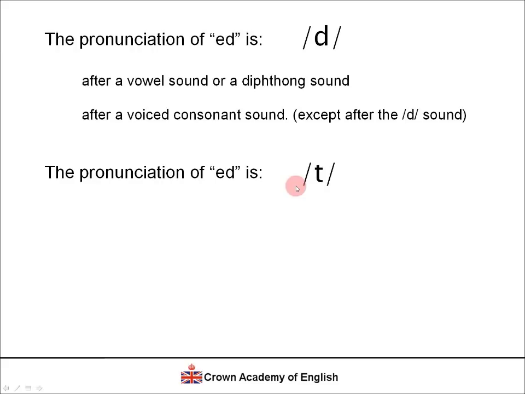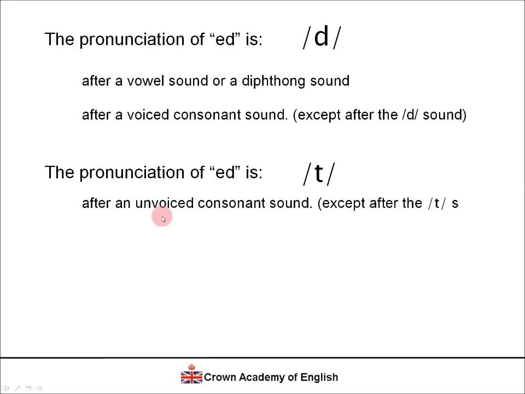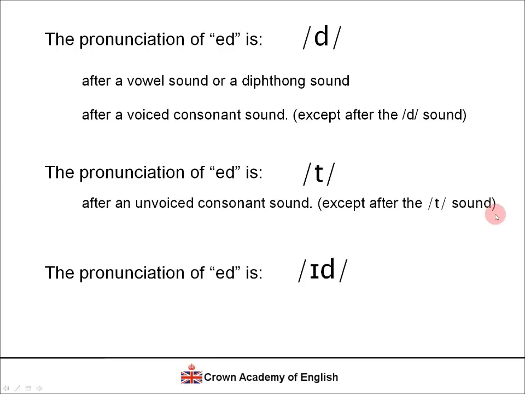The rule for when we pronounce it as a t sound: we do this when the base form ends in an unvoiced consonant sound, except the t sound. And finally, we pronounce it id when the base form ends in the d or t sound.